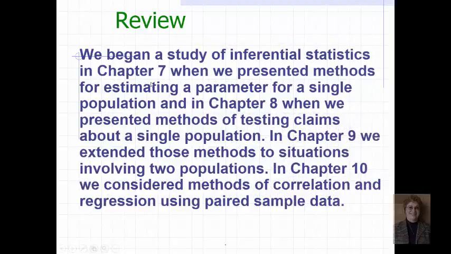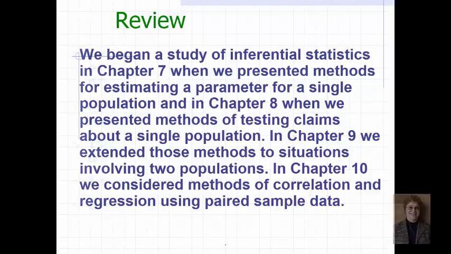So again, we started inferential statistics. We looked at how we estimate parameters for single populations, and then in Chapter 8 we looked at hypothesis testing. In Chapter 9 we looked at hypothesis testing involving two populations. And then in Chapter 10 we looked at correlation or regression using paired data.